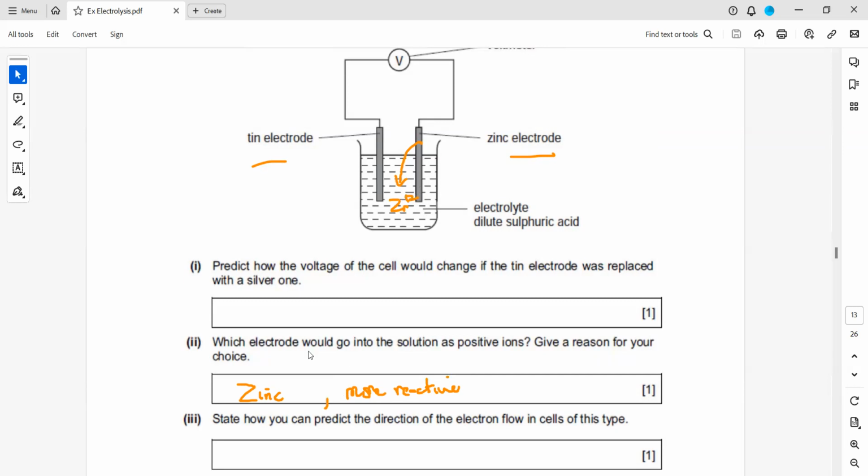State how you can predict the direction of electron flow in a cell of this type. How can you find the direction of electron flow for a cell of this type? The electron flow is always from more reactive to less reactive.